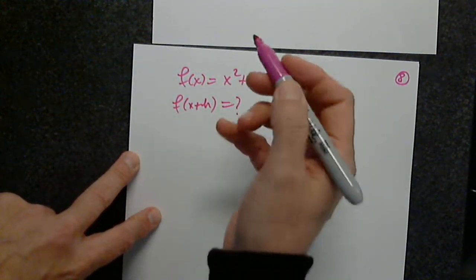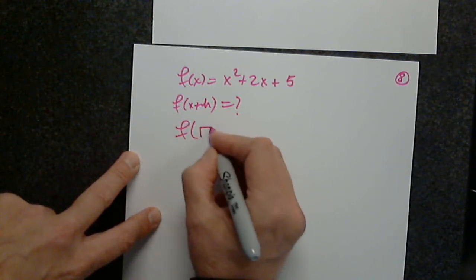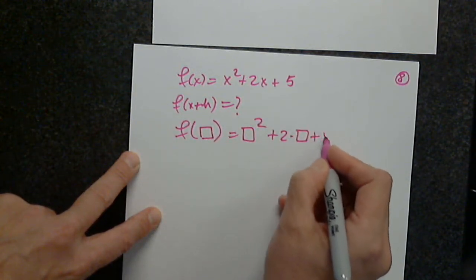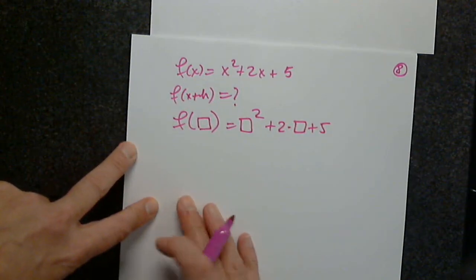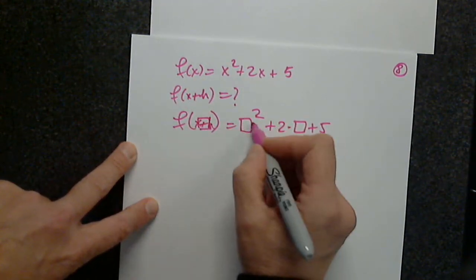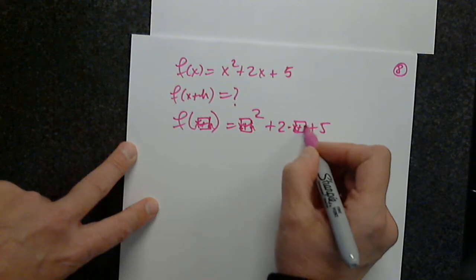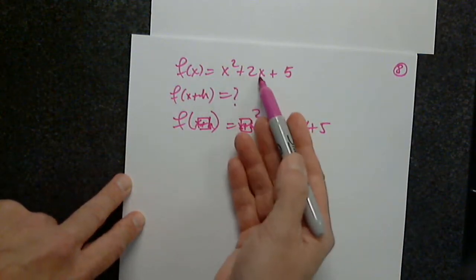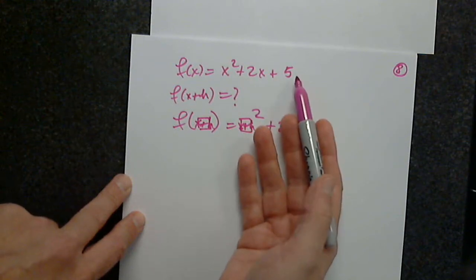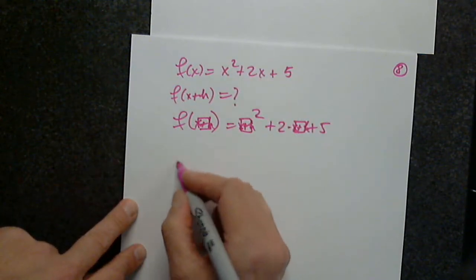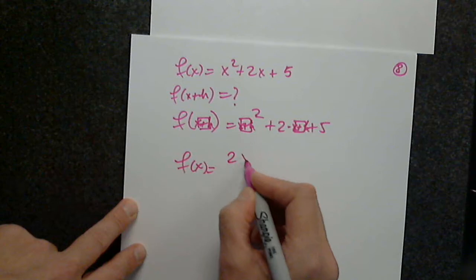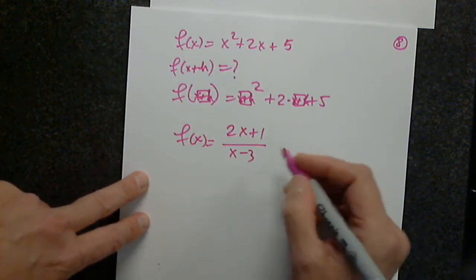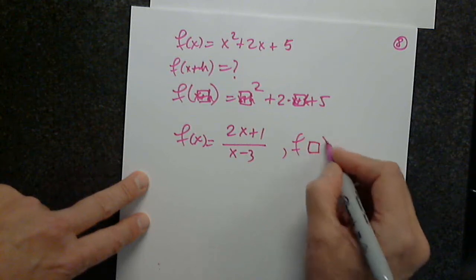What does the function say to me? It says this. If this is x + h, then this is x + h, and this is x + h. That's the pattern: whatever squared plus 2 times whatever plus 5. Now, our function is a rational function, (2x + 1)/(x − 3), which is basically the same thing.